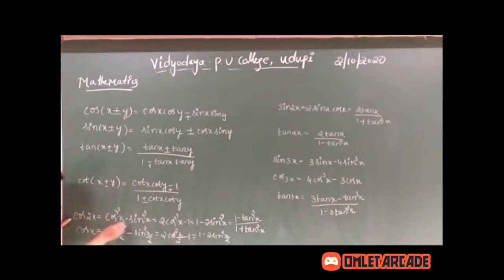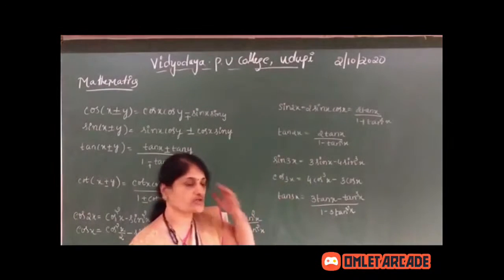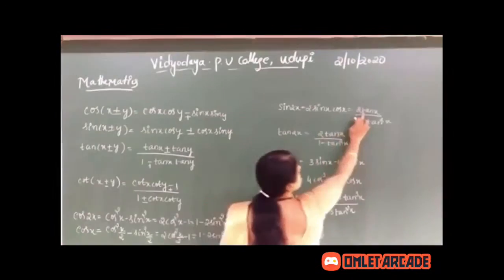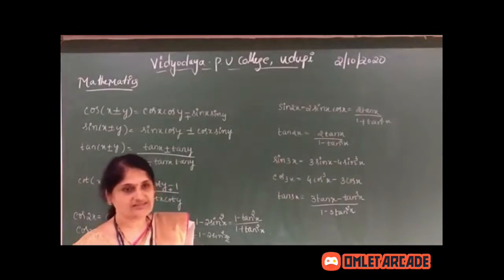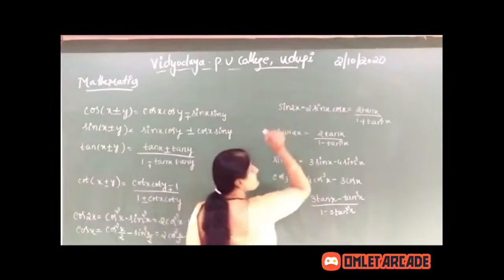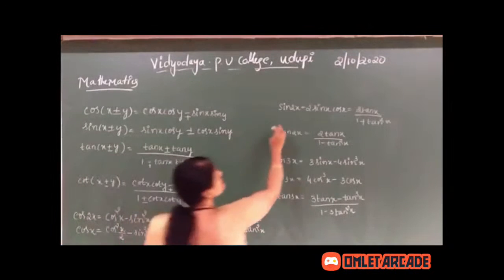So the cos 2x formula is this. From this we can get cos x in this form. Similarly, sin 2x is 2 sin x cos x. Now it can be written in terms of tan as 2 tan x divided by 1 plus tan square x. Now can we write sin x in the form of half angles? Definitely it can be written.